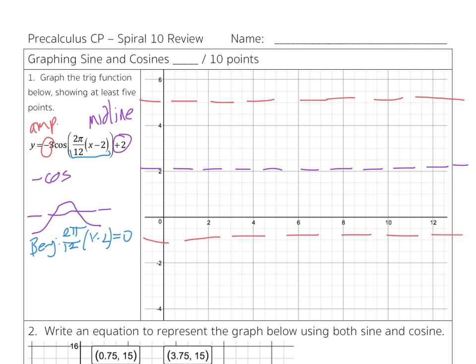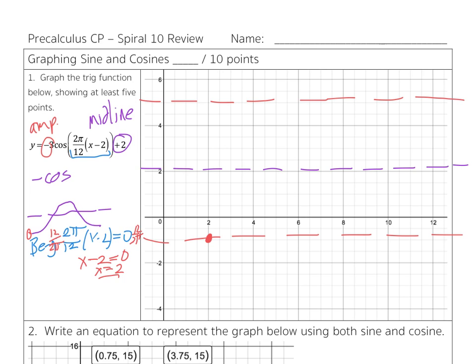If I multiply both sides by 12 over 2 pi, I get x minus 2 is equal to 0. Okay, so x equals 2. That's my starting point. Because we're looking at negative cosine, my starting point is going to be at 2 and at the bottom of my graph, in other words, at the bottom of my amplitude line.